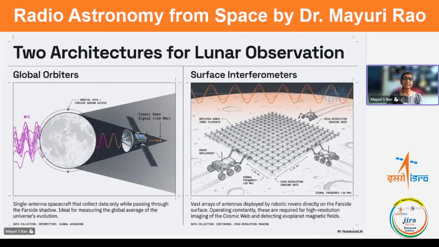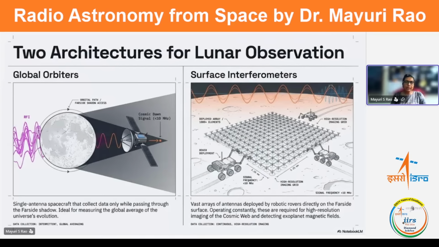They can have a radio telescope orbiting the moon and collecting data whenever it is protected by the moon. Or you can put something like a lander. You can deploy a whole array of telescopes. Like you can put an interferometer, maybe not something like GMRT, but something else. But you can put an interferometer on the moon and you can collect data.